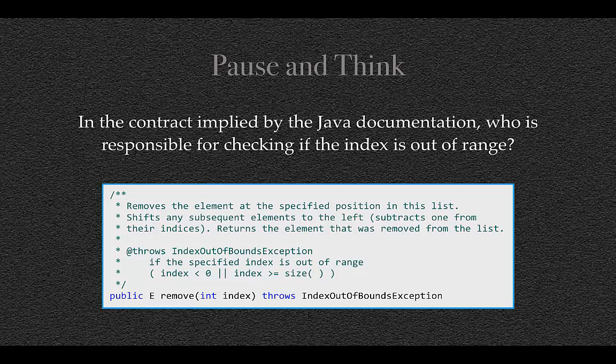In practice, if an index out of bounds exception is thrown and the program aborts, the client would probably get blamed. Therefore, though the letter of the contract does not obligate the client to check, they probably would. That means that there would be two people checking this condition instead of just one.